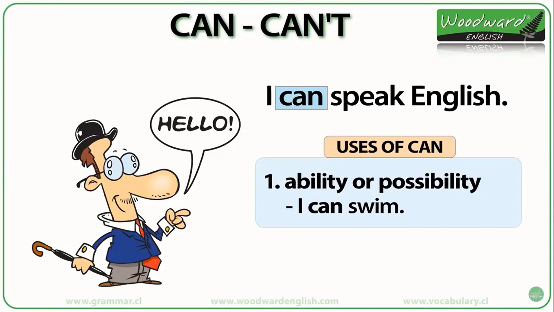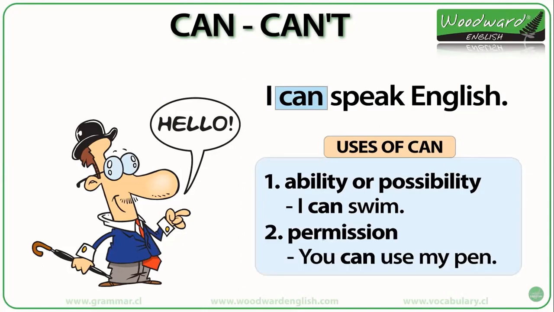Can is also used for permission. You can use my pen means you have permission to use my pen. You can use my pen. These are sentences in English with can.